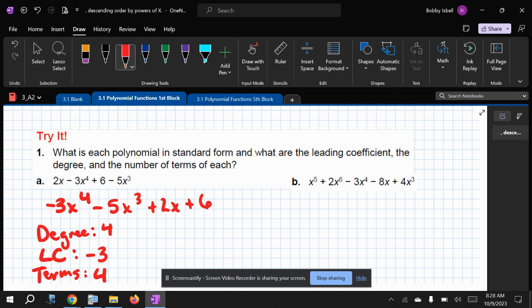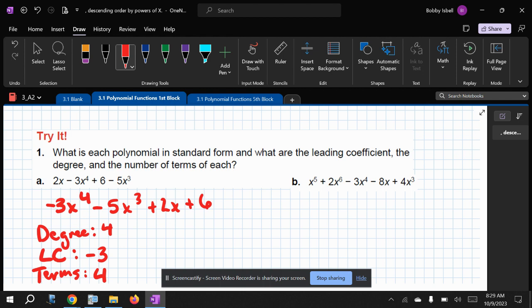All right, so degree of 4. So we know both ends are doing what? Going the same direction or opposite? Same direction. Because the leading coefficient is negative 3, they will point down. Remember on a quadratic, if A was negative, it opened down. Same rule applies to polynomials.